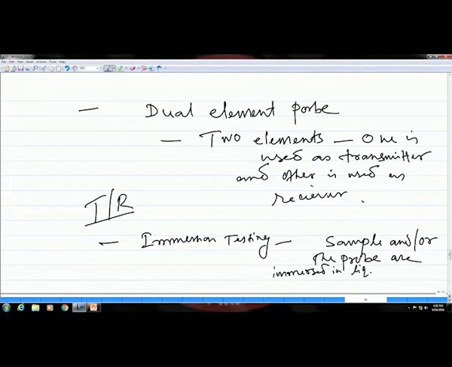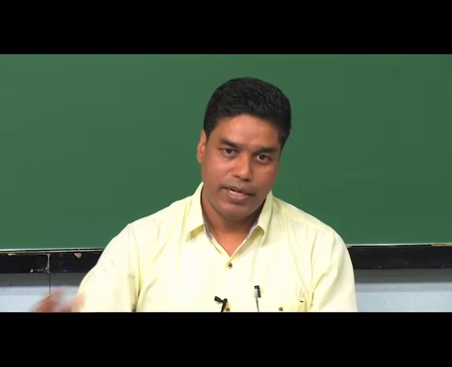The last method that we talked about was immersion testing, wherein you can immerse the probe and or the sample both inside a liquid, and since in a liquid like water the velocity is much lower, that will again delay the echoes and provide enough time for these fluctuations to come down, and by the time the echo reaches the probe, it will be ready to receive it.